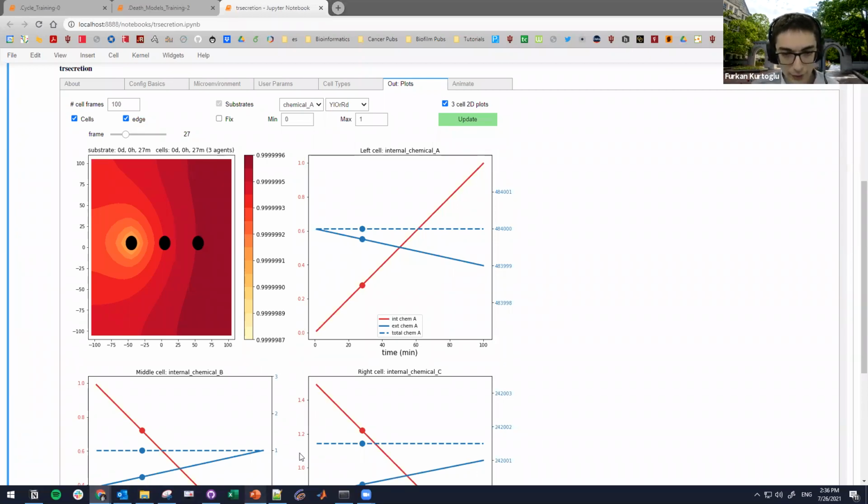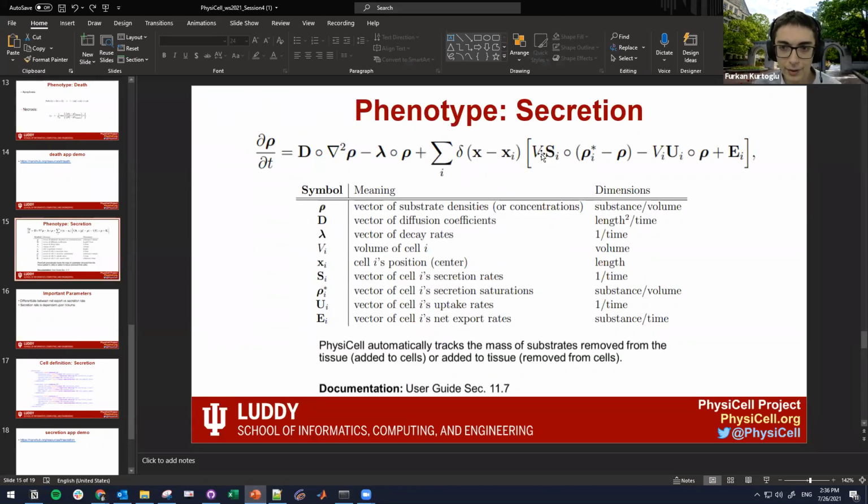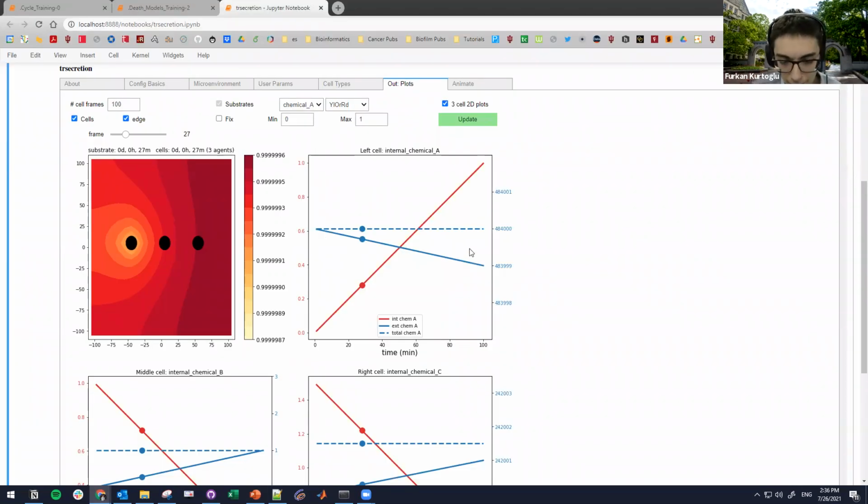Because of the formula, if we have the volume as 1, then the secretion rate can be used for the export rates, but that's unlikely, because the volume cannot be 1 cubic micron.